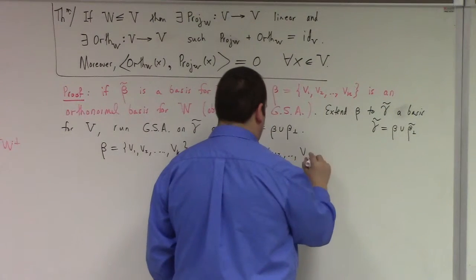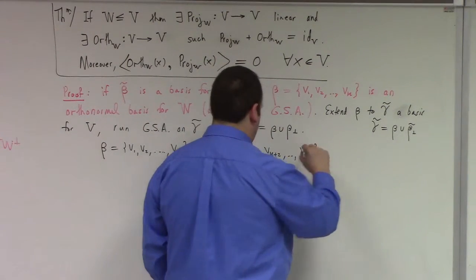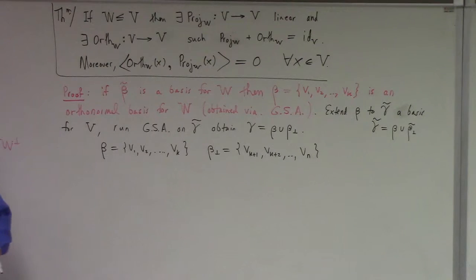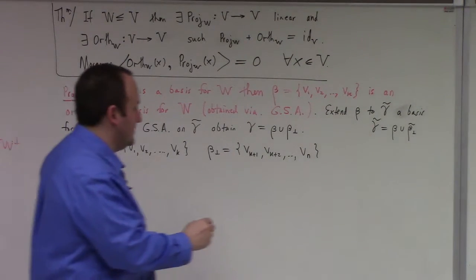Well, let's write it more civilized. This is vn, right? It's a basis for V. I'm assuming the dimension of V is n, all right?